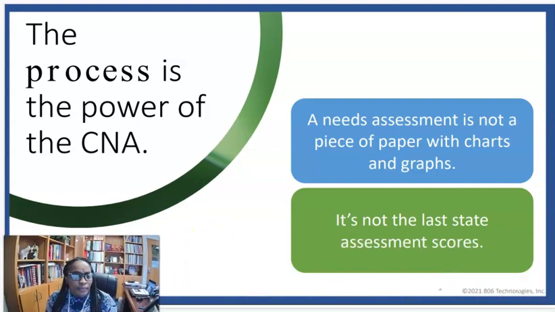So the power of a CNA: a needs assessment is not just a piece of paper with charts and graphs. We're not just going to look at it and say, okay, it's our high students or our low students. And it's not just about the state assessment scores. This year we do have to look at many factors within our data because we do not have a state assessment score from last year.